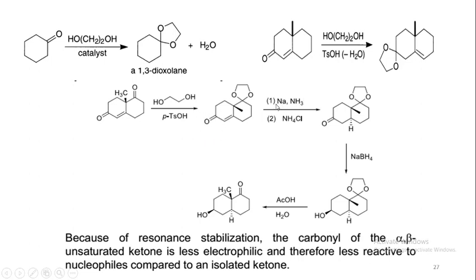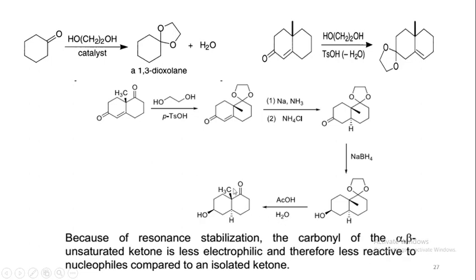In the next step, Birch reduction is done, therefore this bond gets reduced, and after this a mild reducing reagent, NaBH4, is used to reduce this carbonyl carbon into alcohol. In the last step there is a deprotection by using AcOH in presence of H2O.